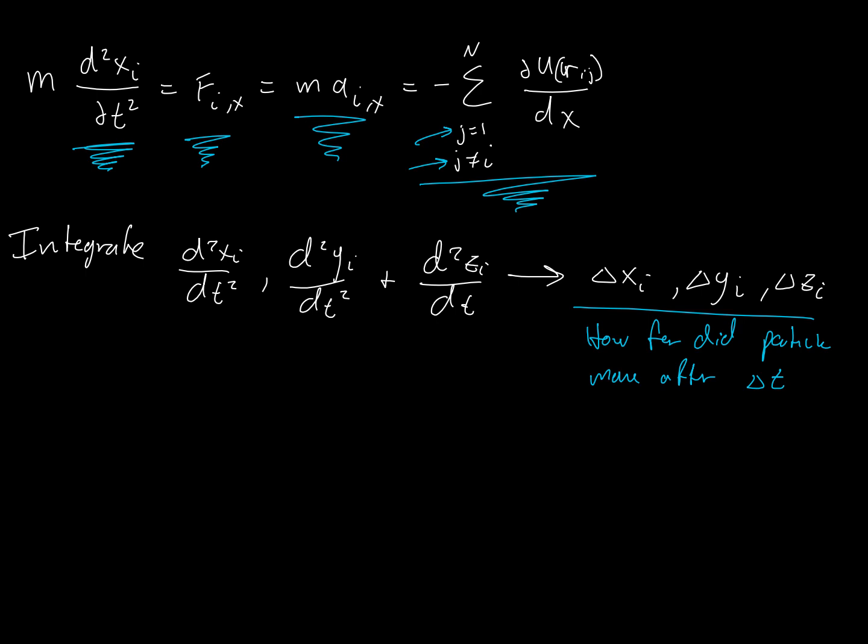Okay, so now we're going to go through some calculations to tell us how long this actually takes to solve on a computer. So, a typical delta t for a molecular dynamics simulation is going to be about 0.01 to 0.1 picoseconds.